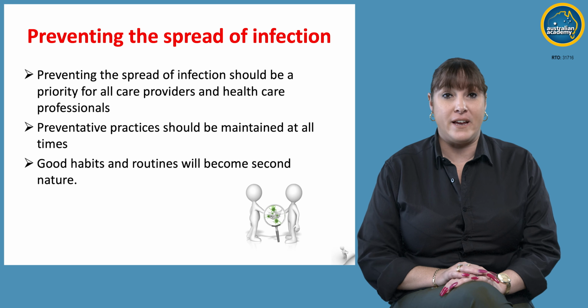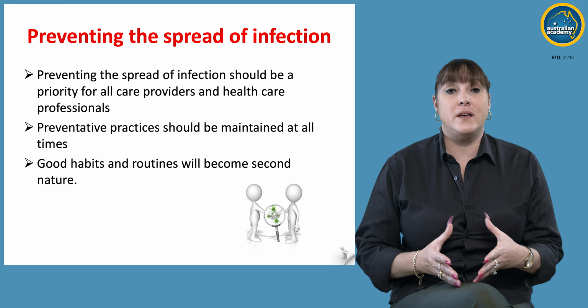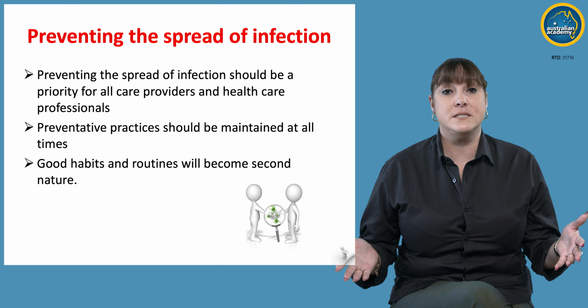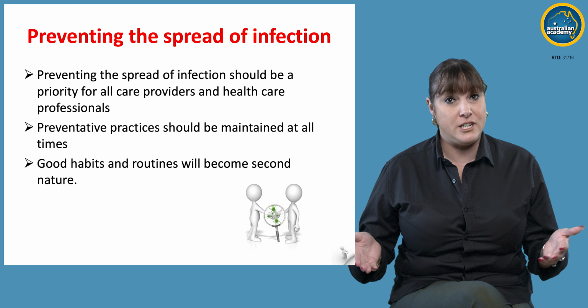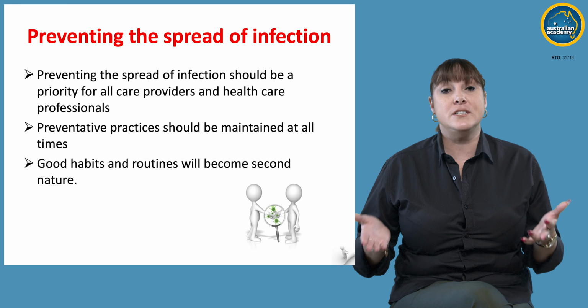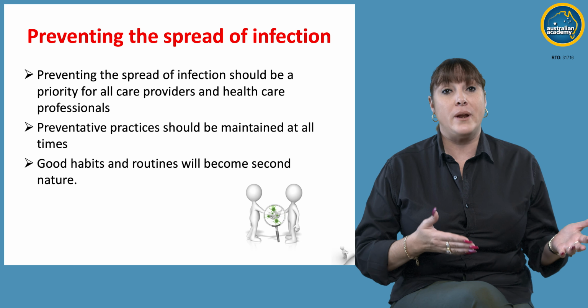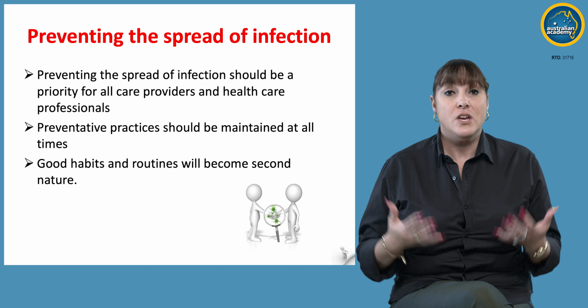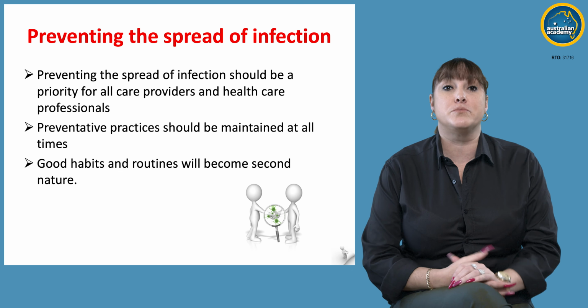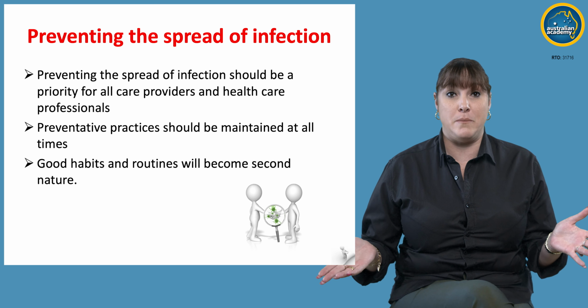Preventing the spread of infection. So as we work with a diverse range of clients within the organisation, we need to be aware that they come with a diverse range of conditions. So we need to ensure that we don't put ourselves in harm or danger of spreading infection. So what do we do? We use personal protective equipment, also known as PPE.